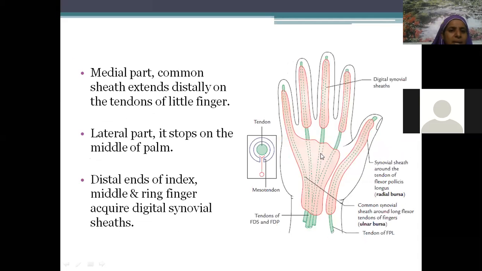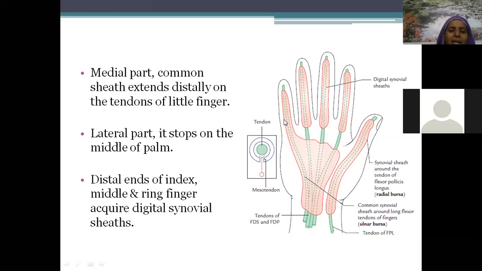So this is the medial part, common sheath extends distally. See here, medially where is it extending? It is distally extending to the tendons of the little finger. Laterally it is stopping, it is not entering into the palm. Then the distal ends of the index, middle and ring fingers have their own digital synovial sheaths around the tendons of flexor digitorum superficialis and profundus, which are not in continuation with ulnar bursa.